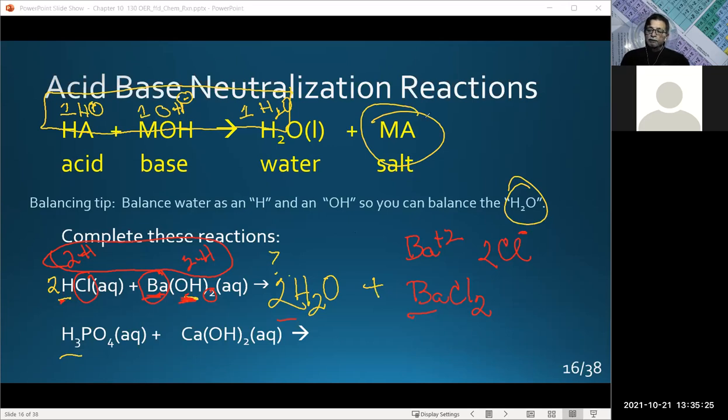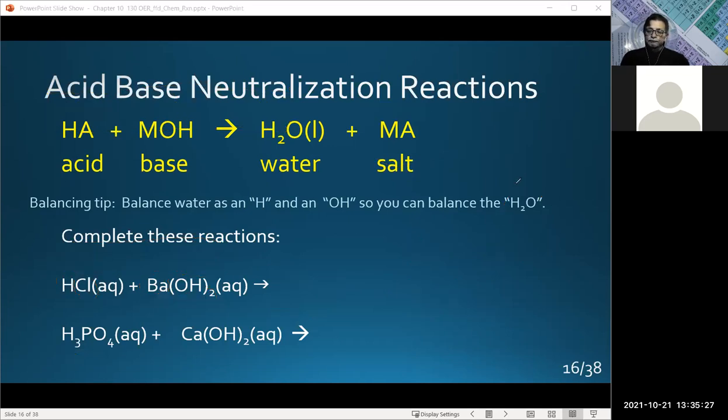Let me clear this up a little bit. That shows we got, oh, and of course I forgot to put in the physical states. Remember, when you generate water, these acid and base reactions are occurring at ambient temperature.